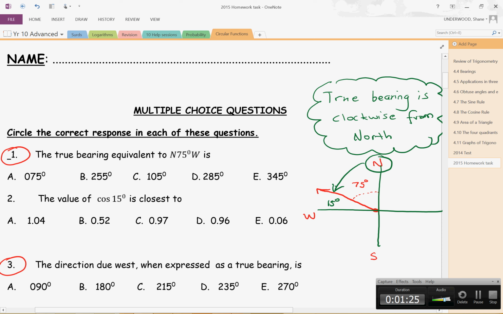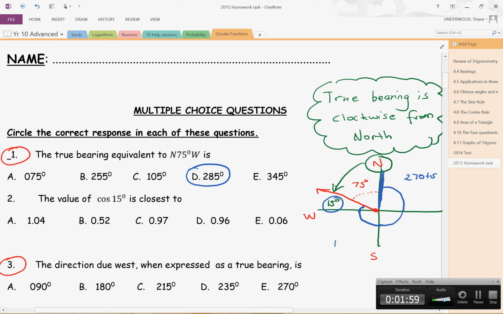Now, if I'm starting from north and I'm going clockwise, that's what a true bearing is. We are always starting from this position here, and we're going clockwise. We've gone 90, we've gone 180, we've gone 270, and we've finally gone 270 plus 15 degrees. So the true bearing is 270 plus 15, which is equal to 285 degrees. So that's all the true bearing is.